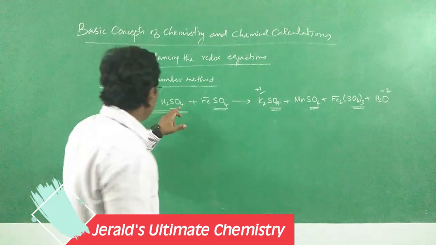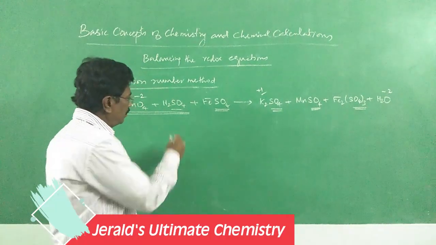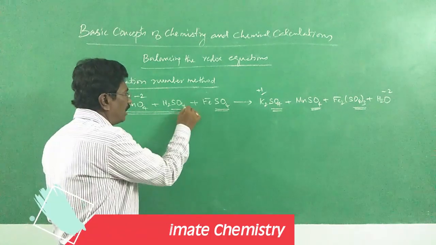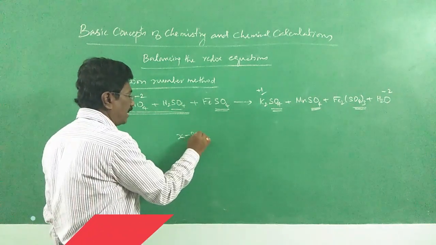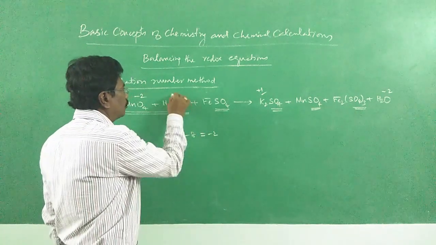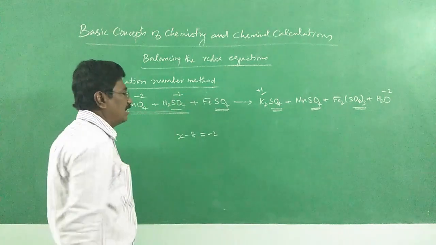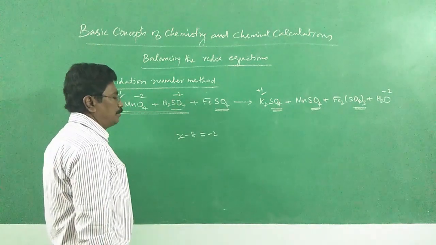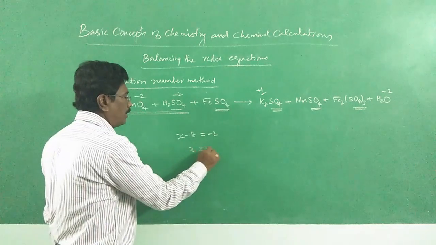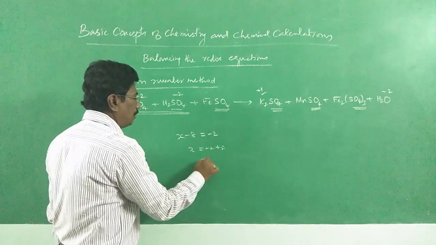If oxygen is -2, sulfur will be X, oxygen 4 into -2, -8. The sum should be -2, because for sulfate ion, total charge is -2. So X is equal to -2 plus 8, which is equal to +6.